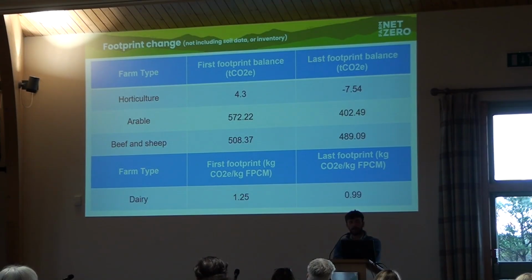So I think there's a really good news story with dairy here. The footprint has got a lot better. I think about half of the dairy farms are new businesses, so they are growing their herd. We've got an extra 1,000 dairy cows in the Farm Net Zero project, but we have improved the footprint of those dairy farms.